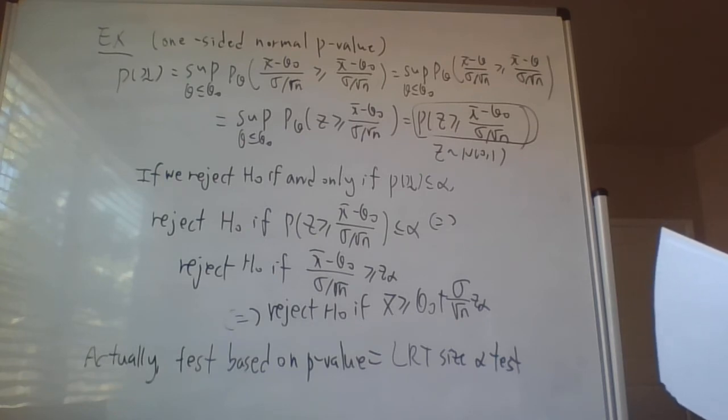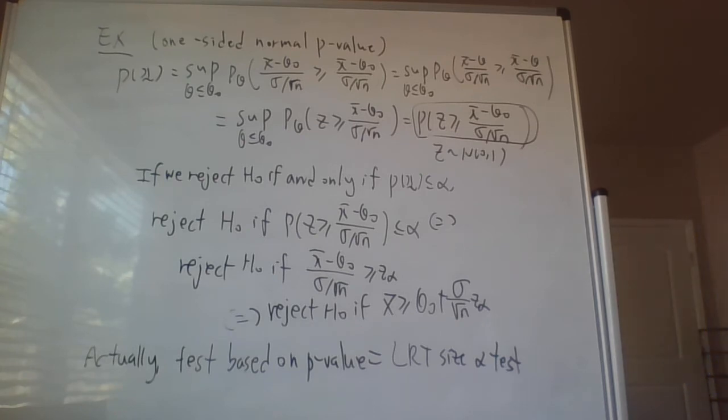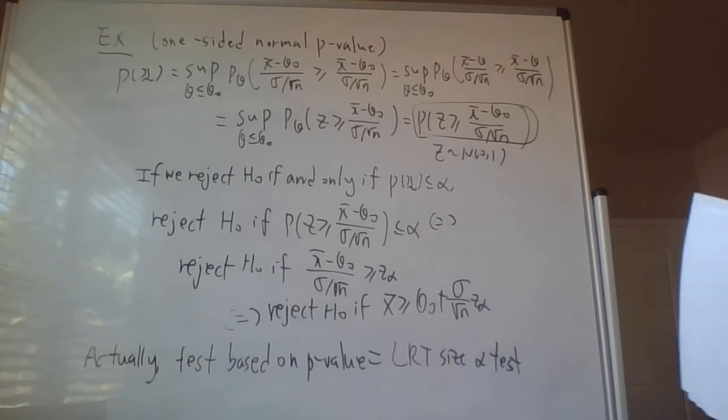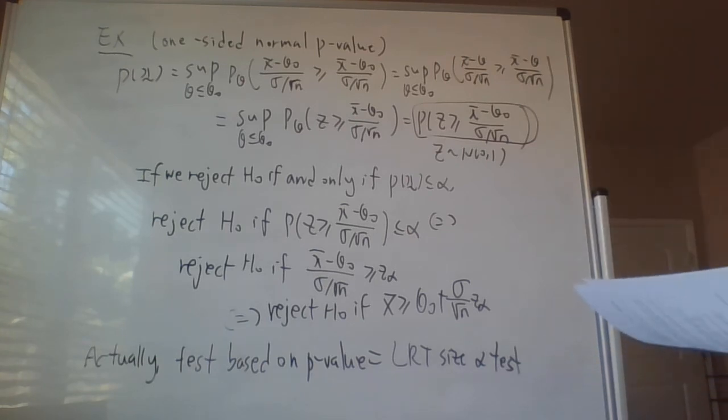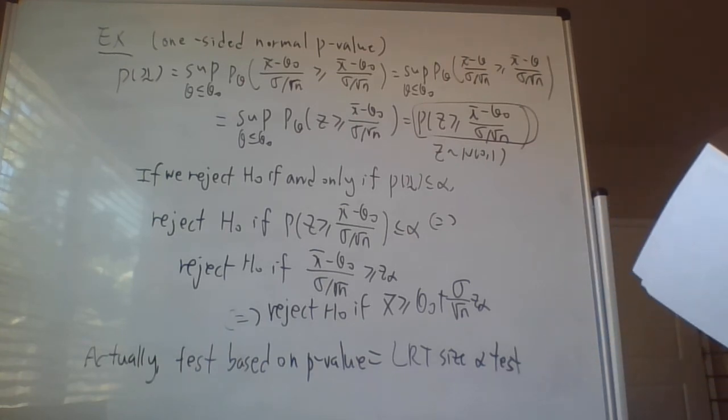There is no discrepancy between the test based on the p-value and the test based on the likelihood ratio test statistic. So we can use these two interchangeably, and people use the p-value with the test statistic calculated from the test procedure.